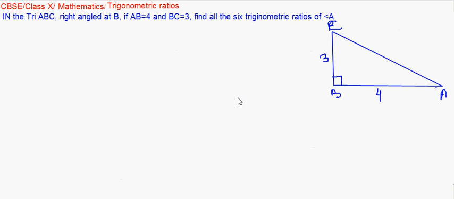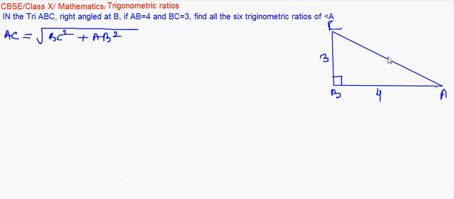It's better for us, just at the outset, to directly calculate AC, because it's a right triangle. We can apply Pythagoras theorem and find out AC. So AC is root over BC square plus AB square.